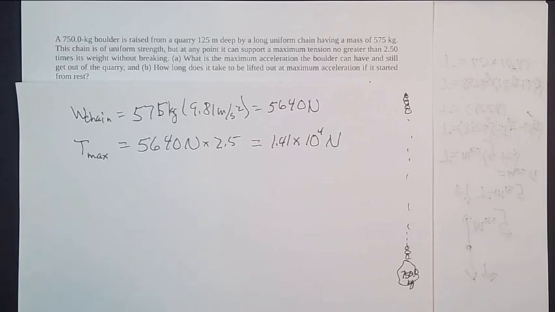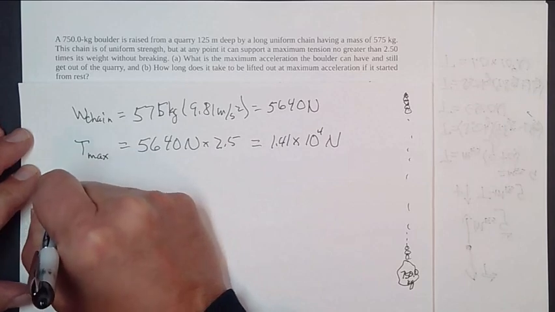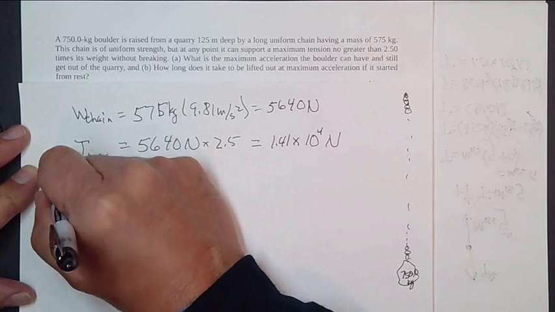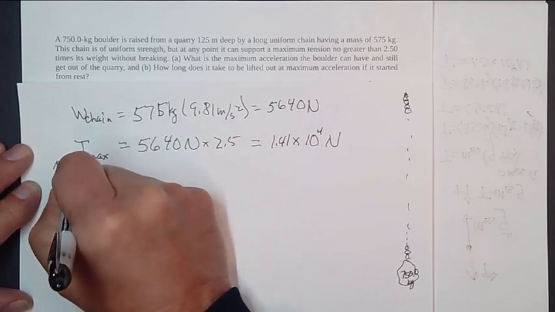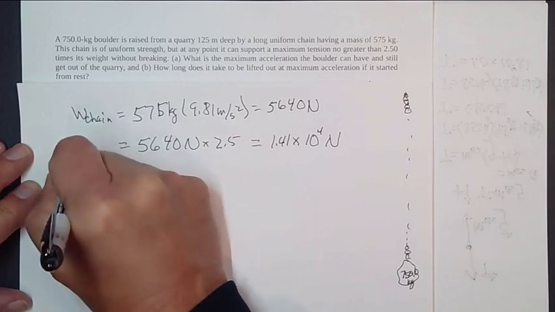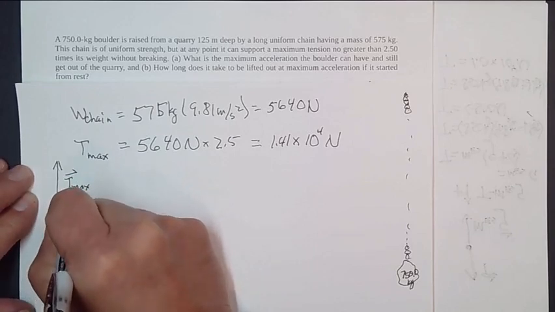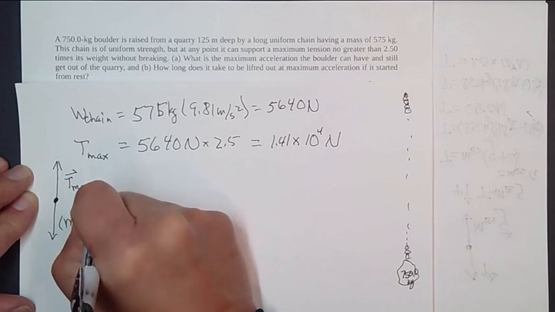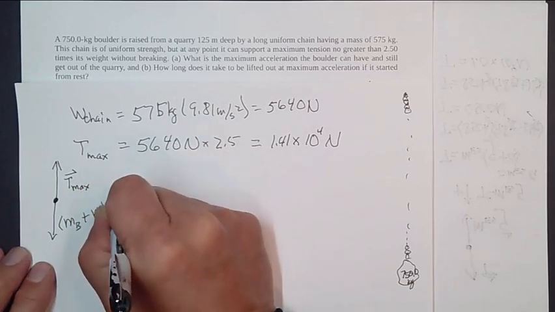Now let's do a free body diagram for this chain and boulder. They're just going to be a dot here, and look at the forces acting on it. There's going to be a tension acting upward on it that we're interested in being the maximum tension. So we'll have that. There'll be the downward mass of the boulder plus mass of the chain, and that'll be times g.